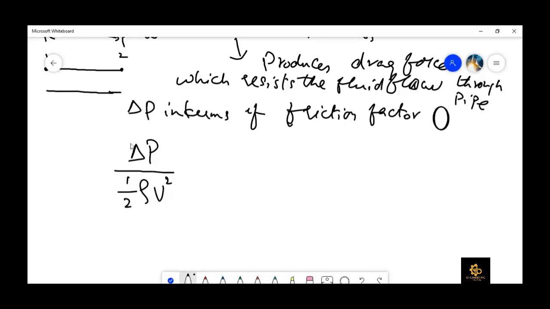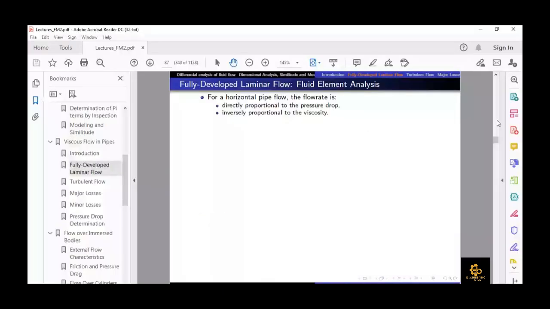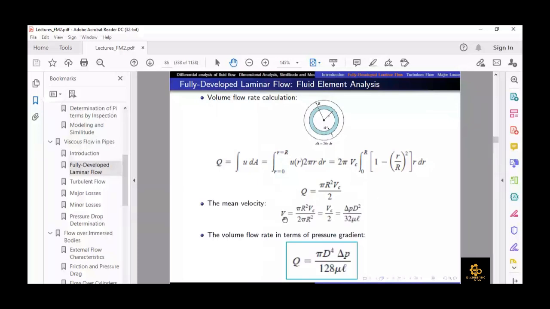We can easily see that the dimension of delta P is Newton per meter square, and the dimension of the denominator is also Newton per meter square. Now, as we discussed in the last class, delta P can be written in terms of the mean velocity by this relation, which is delta P equal to 32 mu L V upon D square.